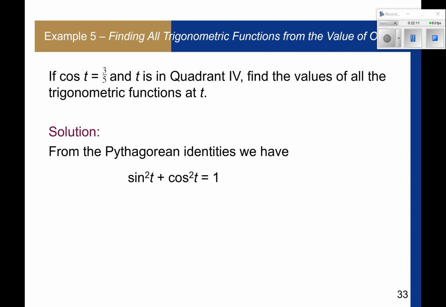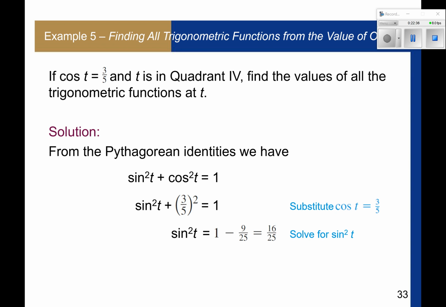All right, so if we know that cosine is 3/5, back to our unit circle, we could do it that way because we know that cosine is the x-coordinate. Or we could rely on dear old Pythagoras. Three-fifths squared should give us 9 over 25.